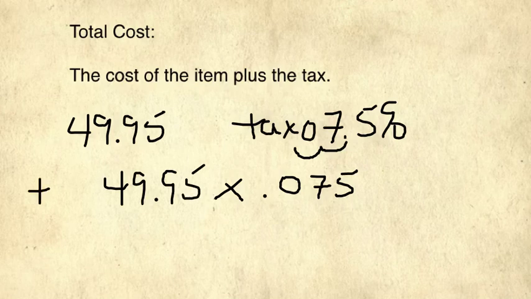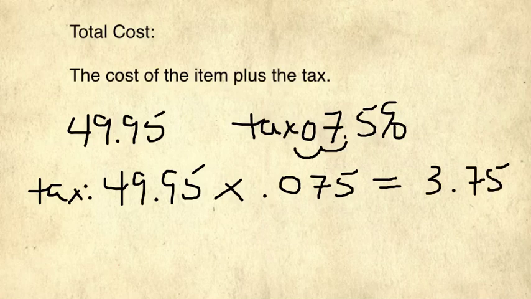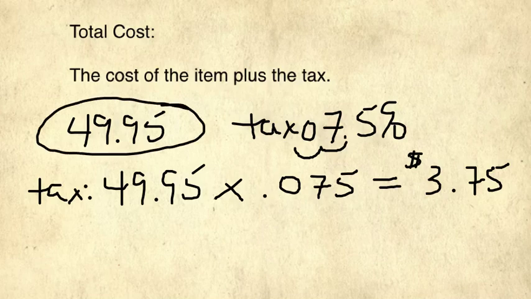I will multiply that now times the cost of the jeans. And this is how I'm finding my tax. When I get my answer, I'm going to have to round it, and I'm going to round to $3.75. Now, is that how much I pay the clerk when I leave? No, because here's the price of the jeans.